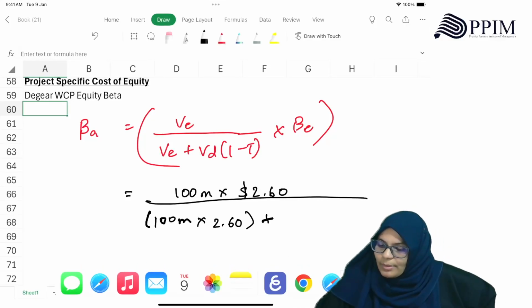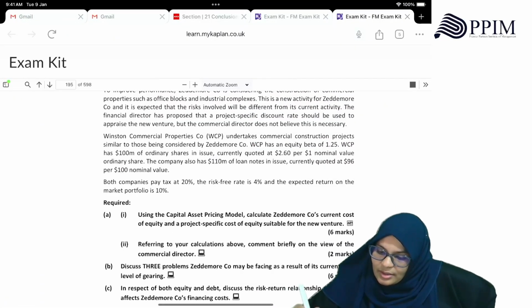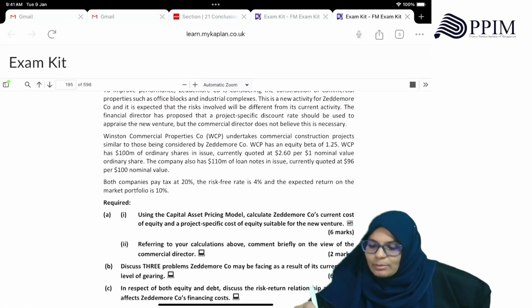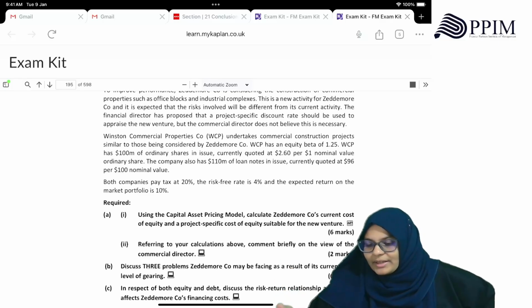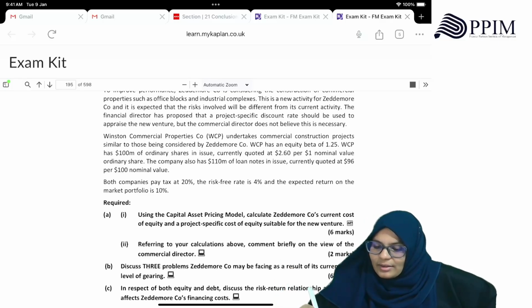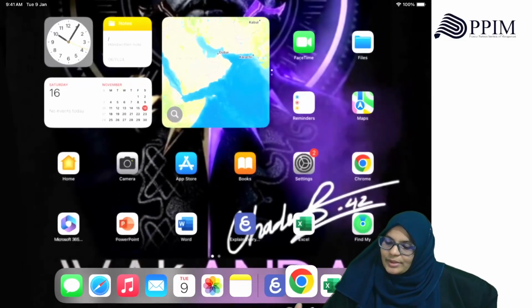So what are they talking about debt there? They're saying the company has 110 million loan notes currently quoted at 96 per $100 nominal value. So I know that the book value of the loan notes is 110. I'll divide that by 100 to get the number of loan notes I have issued and multiply it by 96.